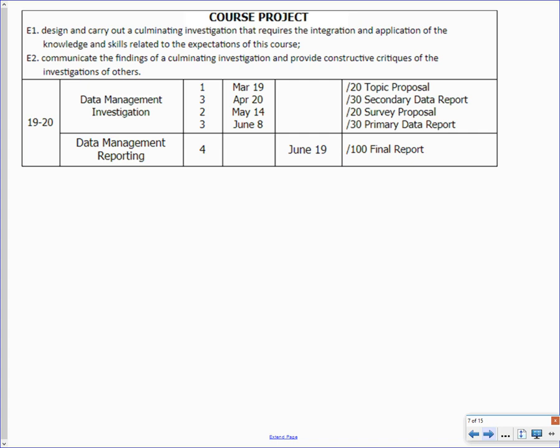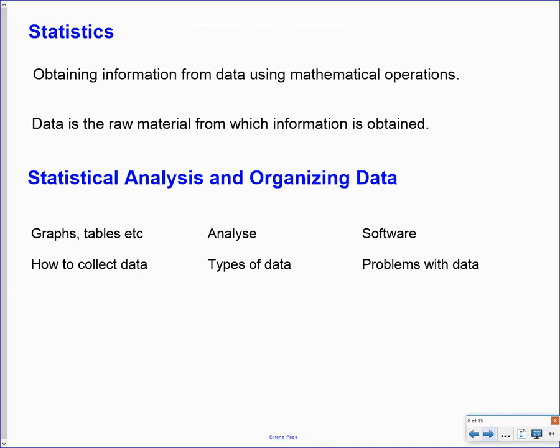Again, these are the little parts that you'll submit at the end of every 4 units: a topic proposal, a report on secondary data, a survey proposal, and a primary data report. And then put it all together to submit your final report towards the end of June for your final mark. Okay? So that's how your mark is going to be calculated.